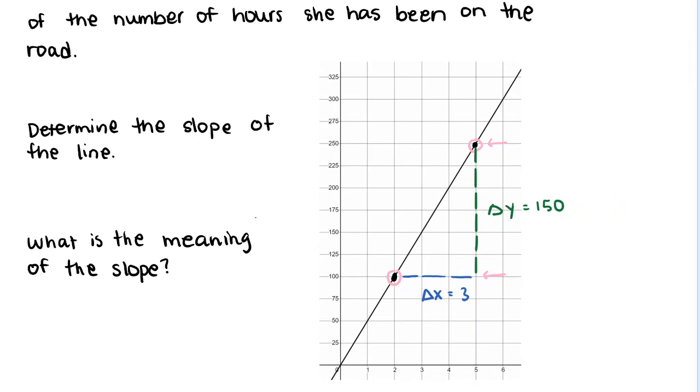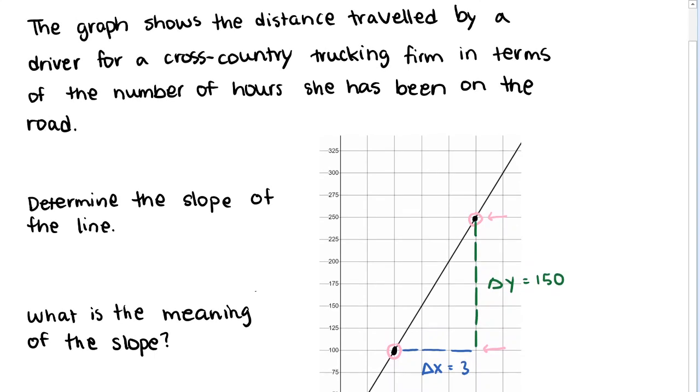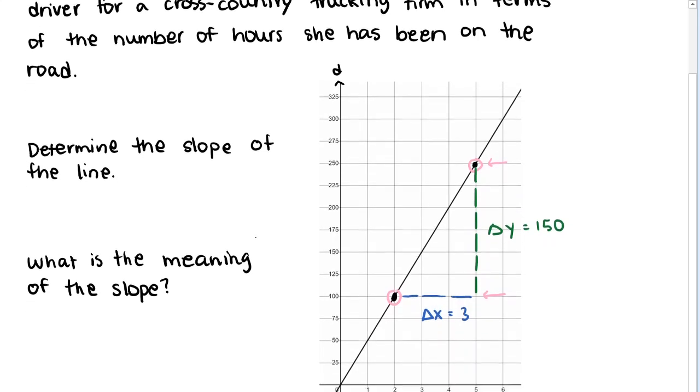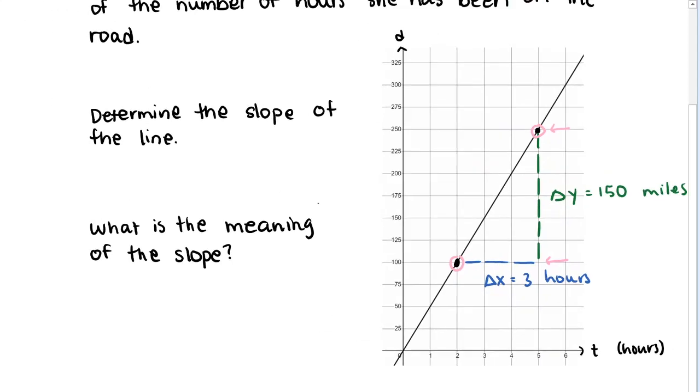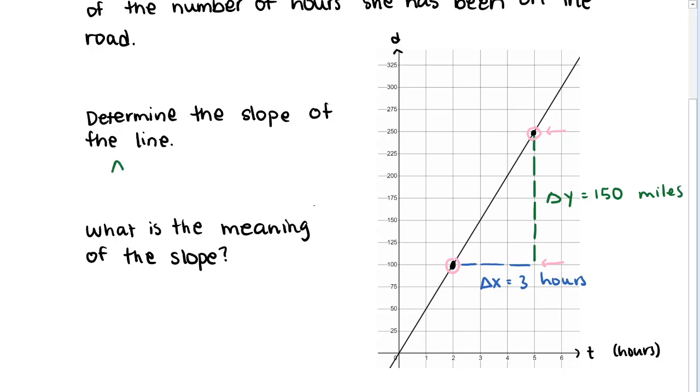And so what are the units here? Let's include those to really make this very explicit. So here, the outputs were telling us how much distance was traveled. So maybe I'll label this axis D for distance. So here, I'll label this T to describe time in hours. So this is 150 miles, an increase of 150 miles over 3 hours. So change in y, delta y, divided by delta x.